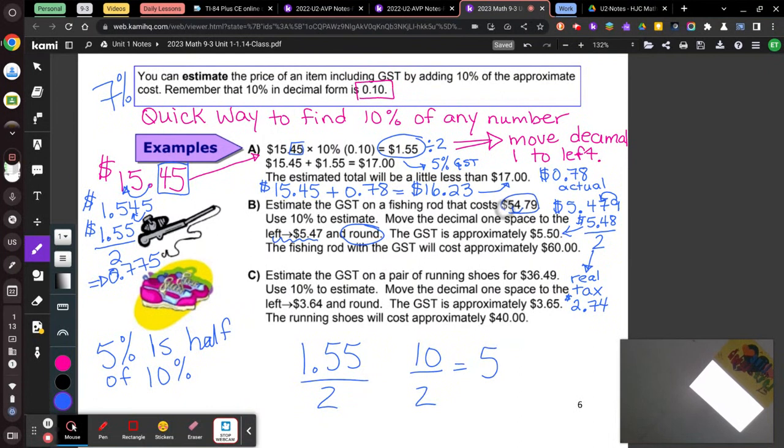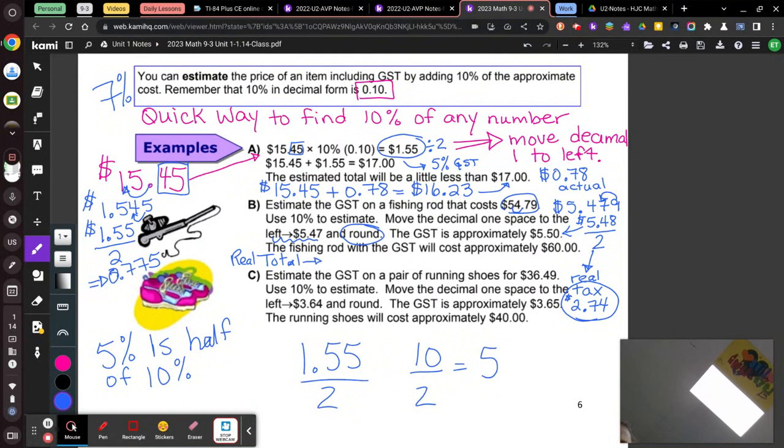So in real life, we've estimated high here. It costs almost $55. They round that your GST is going to be a little bit more than $5 because that's 10%, right? But 10%, we don't pay. We pay a bit less. So if we round it to $60, we should be under our total always. So if we take our real tax number and add it, we're going to see how close we come to our estimate.